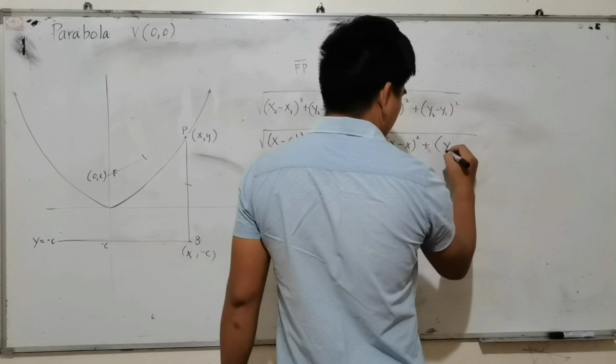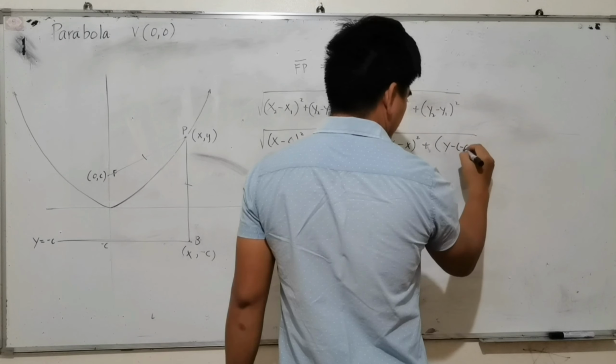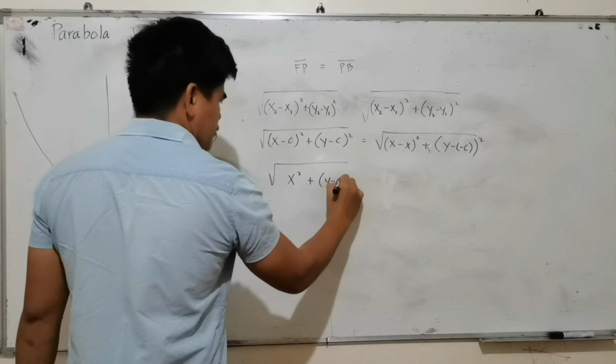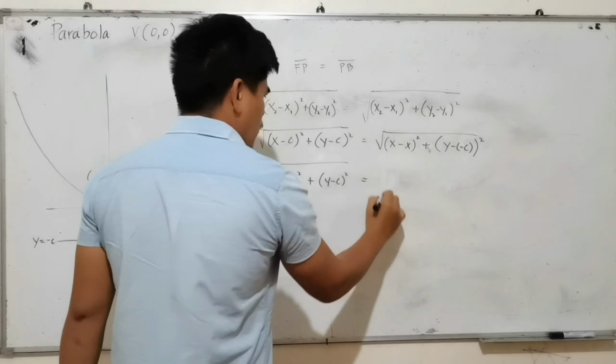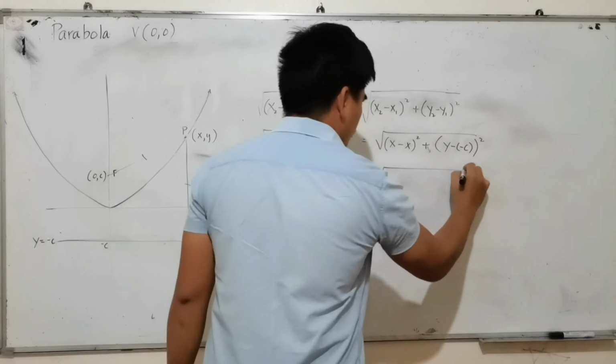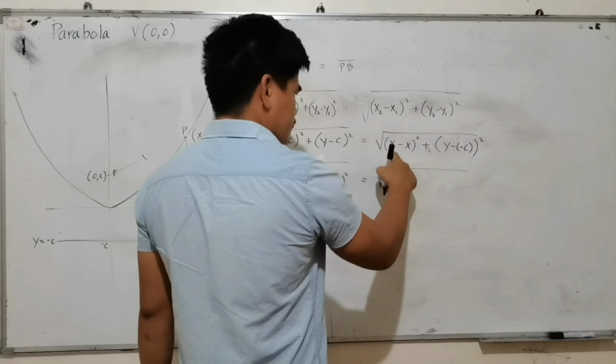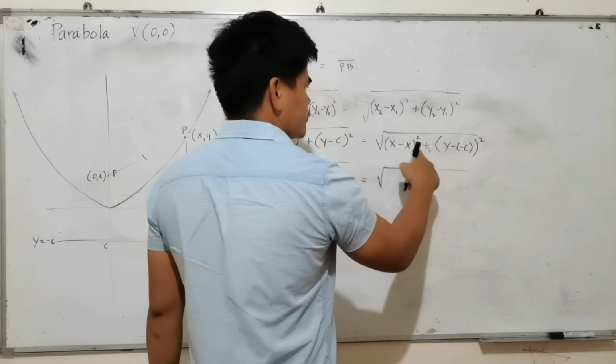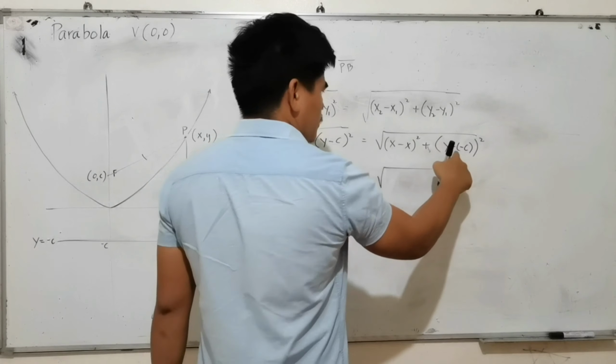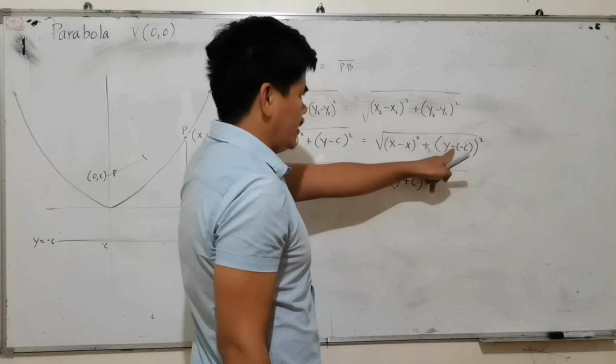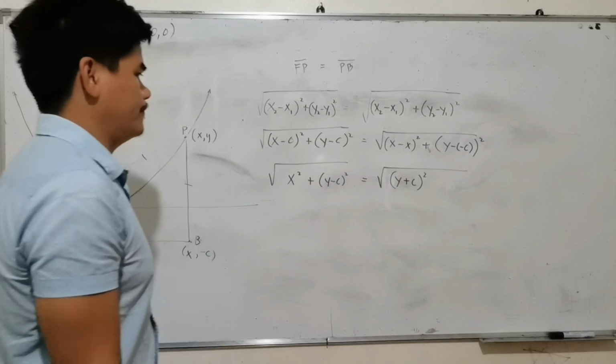So that will be (y minus negative c) squared. Let's continue the process. x minus 0 is the same as x squared plus (y minus c) squared is equal to the square root of (x minus x) squared, which is 0, plus (y plus c) squared, because negative times negative is positive.